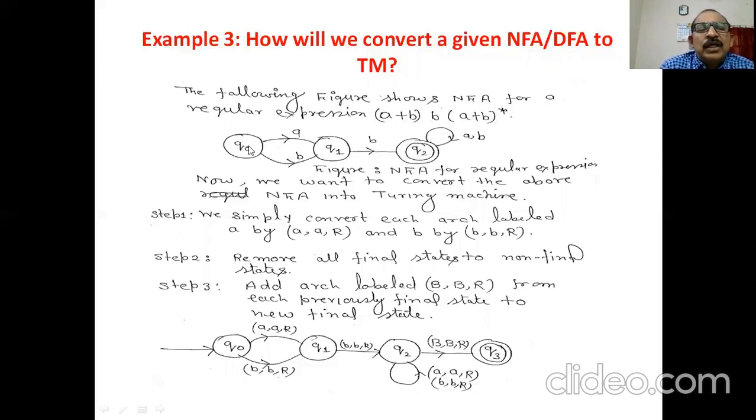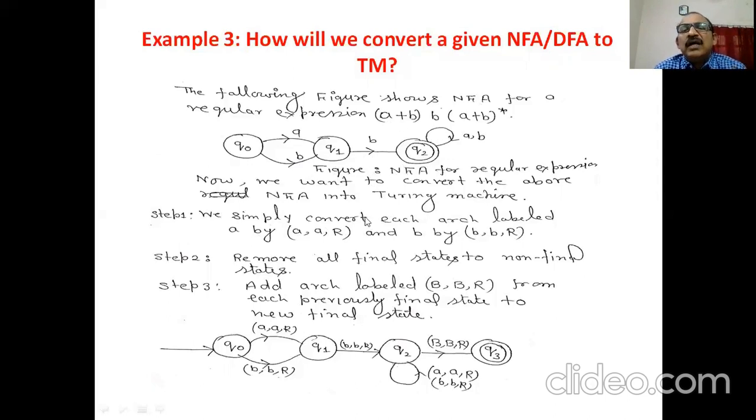Now, we simply convert each label of an arc by AAR or BBR, or any other symbol with the same symbol, followed by the right direction. So we simply convert each arc labeled A by AAR and B by BBR. Okay. Second, remove the status of the final states.